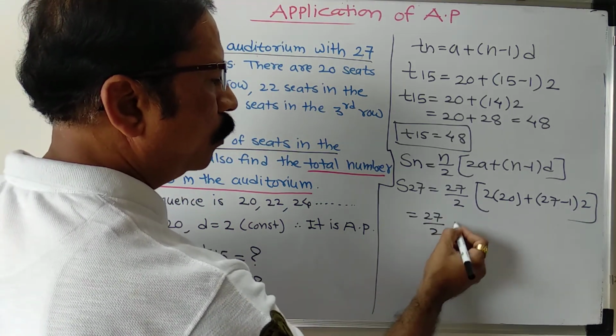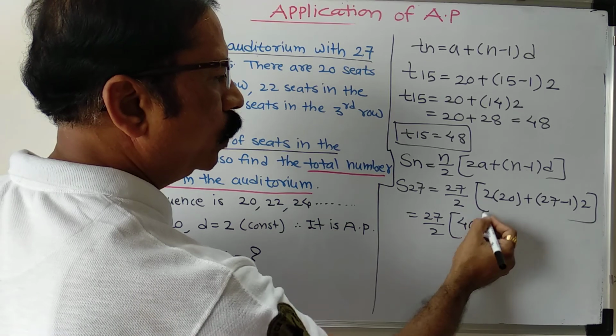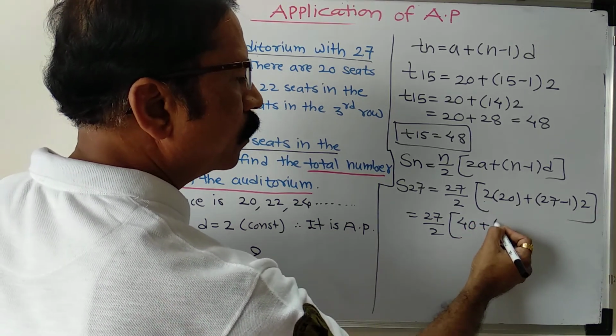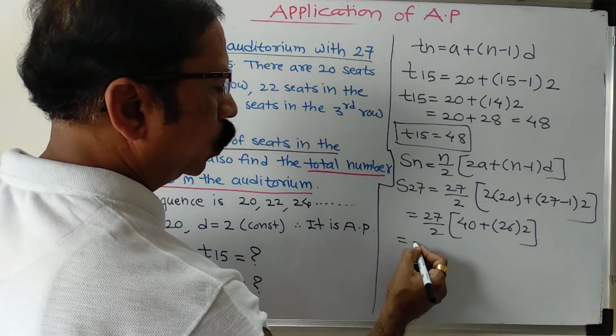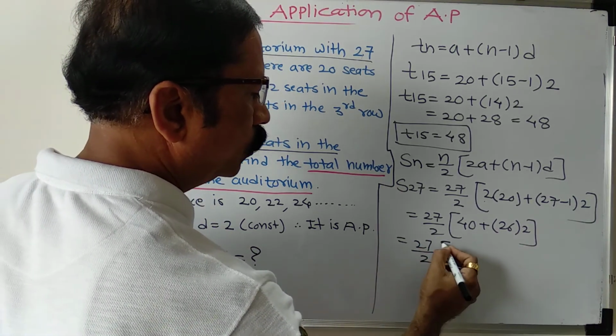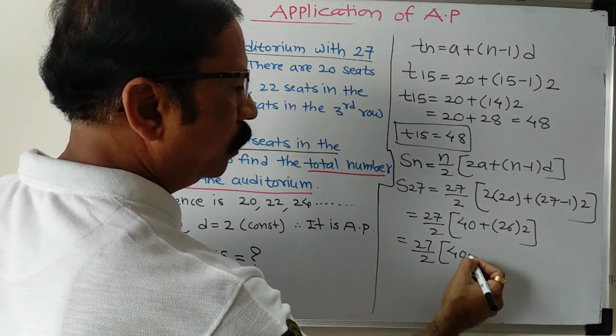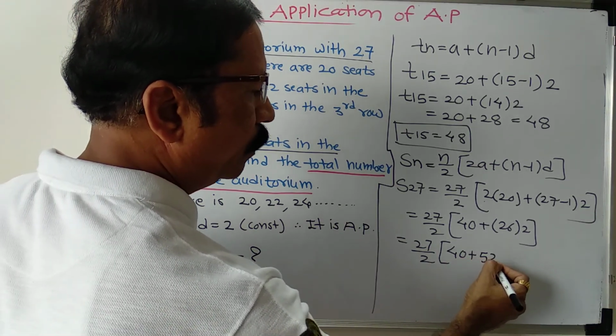So 27 upon 2 into bracket 2 into 20 is 40, plus 27 minus 1 gives you 26 into 2. So 40 plus 26 twos are 52.